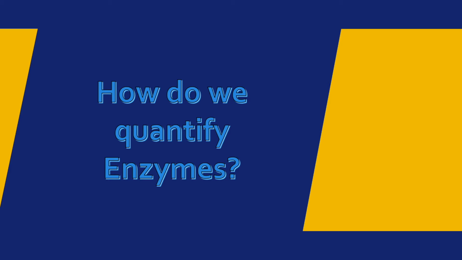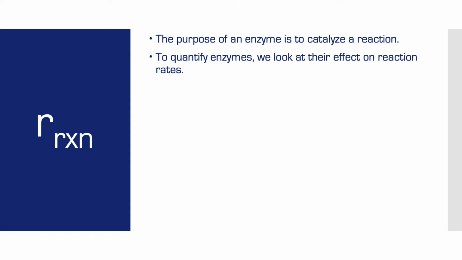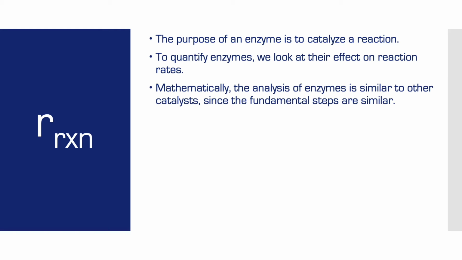How do we quantify enzymes? The purpose of an enzyme is to catalyze a reaction. To quantify enzymes, we look at their effect on reaction rates. Mathematically, the analysis of enzymes is similar to other catalysts since the fundamental steps are similar.